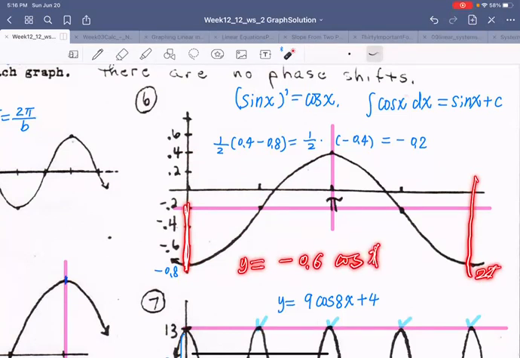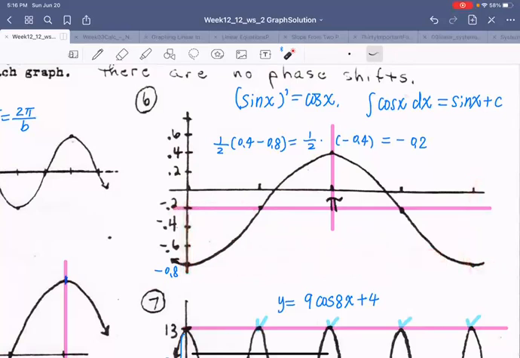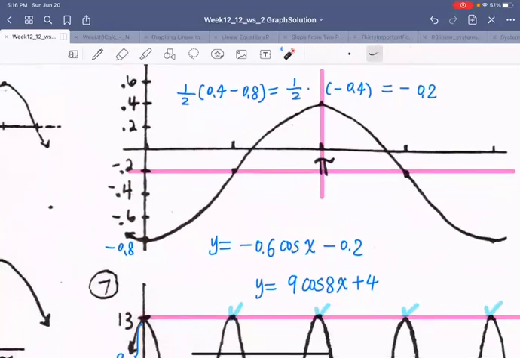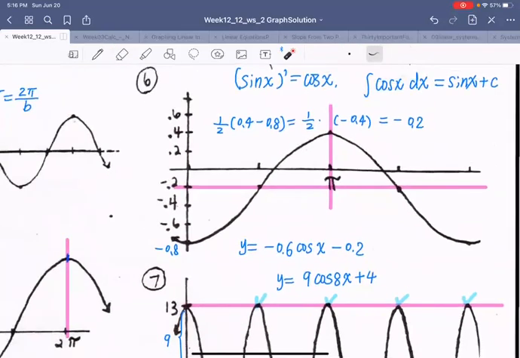So this is the x, and then do a vertical shift minus 0.2. Do you get it? Wait, how do you get the 2 pi? This is pi, this is 2 pi, and this is 1 period. So 2 pi is your T, which equals 2 pi over b. B equals 1.